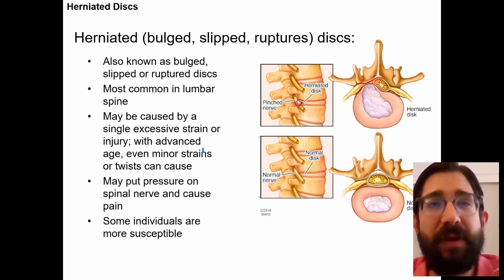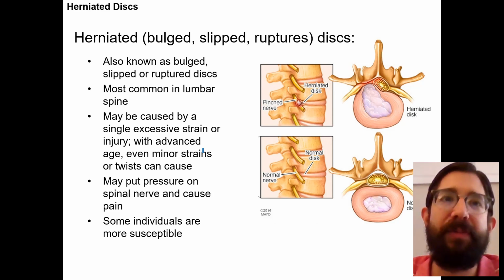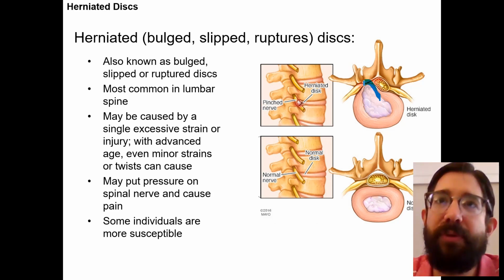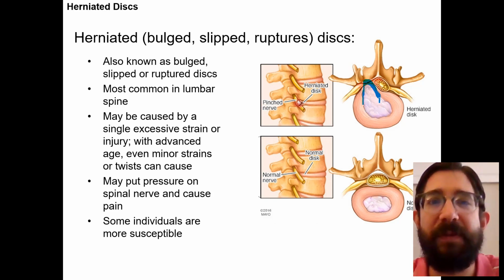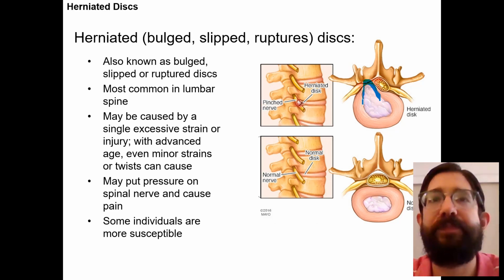And that happens most often in the lumbar region of your spine. It can happen from one single excessive strain or injury, or over time things can develop. And the problem with these is that a herniated disc can push on the nerves we just mentioned that are escaping from the vertebral column and cause pain signals to fire and go to your brain.